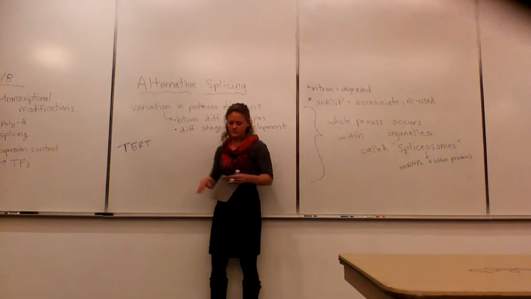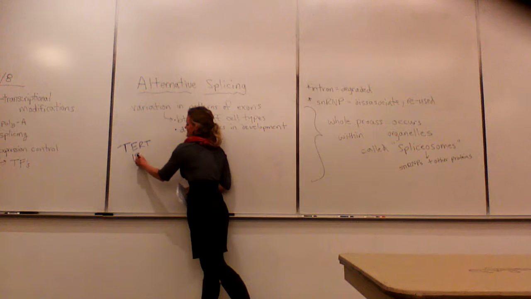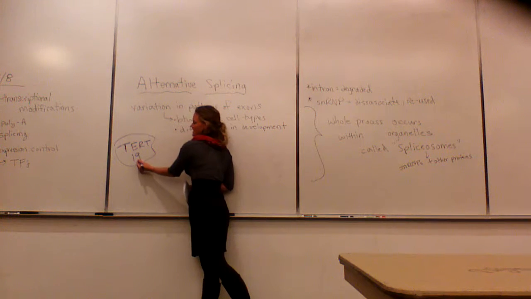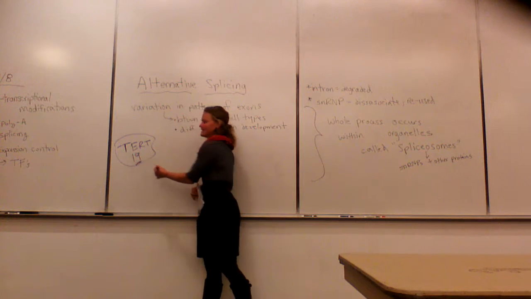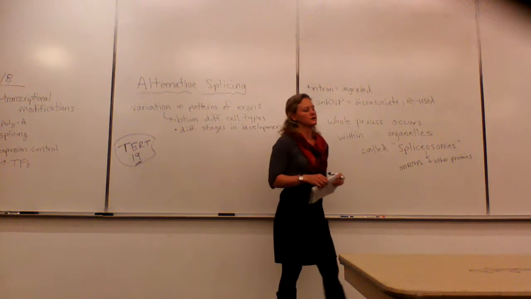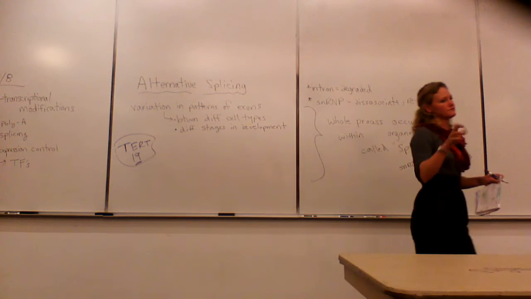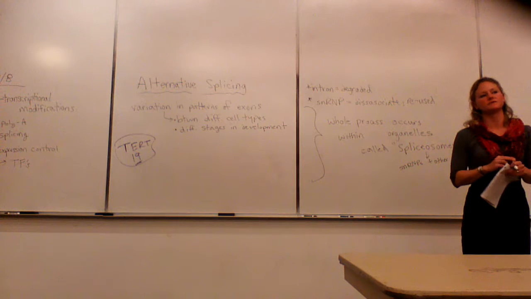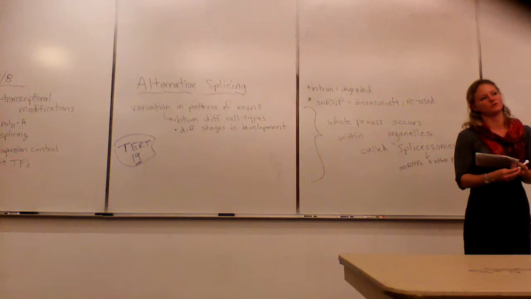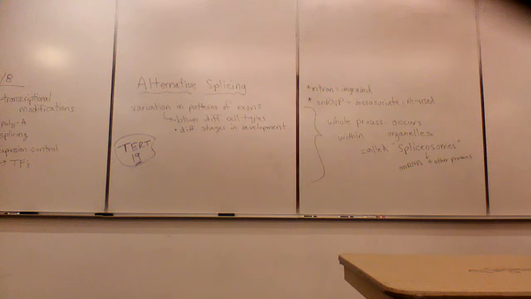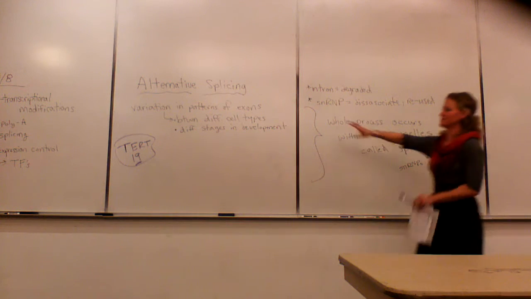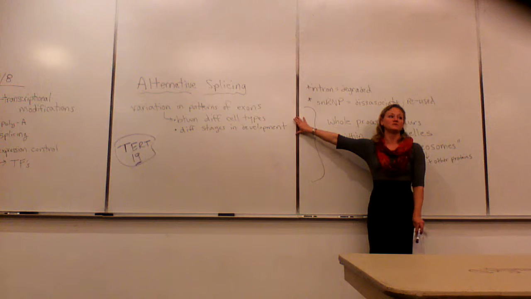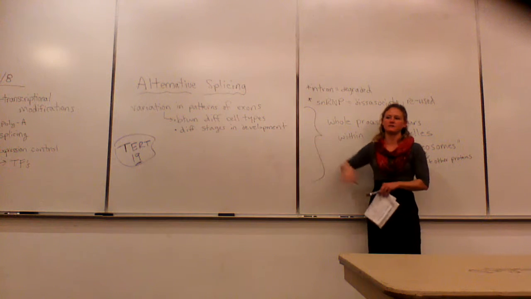And one of them found, this is totally a side note, something like 19 splice variants for TERT just in chickens, looking at different stages of development and different cell types. So 19 different forms of this protein. It's really interesting to think about: there's your favorite protein that you thought you knew so well, and all of a sudden you introduce alternative splicing, and you have a whole bunch of different possibilities for variation.